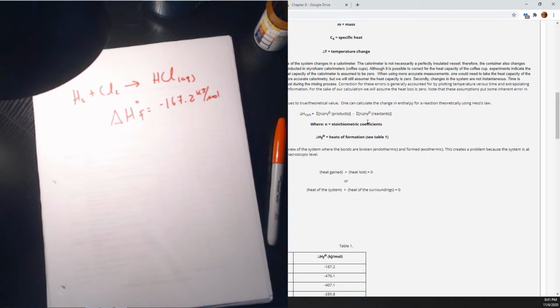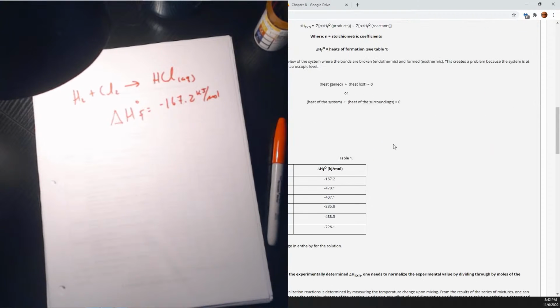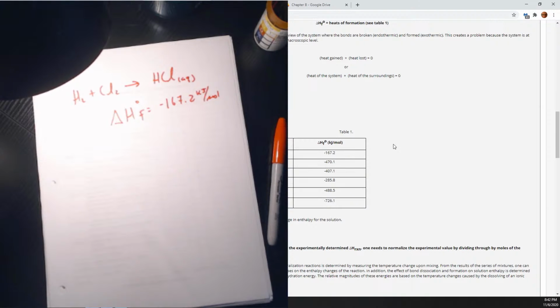Then you do the same thing for all the reactants. Multiply the number of moles in the balanced reaction by the enthalpy of formation for each reactant, then add all of those together for the reactants, and then it's products minus reactants. It's a very, very straightforward sort of thing. And when you do that, that will get you the standard enthalpy for the reaction that you're going to be comparing your experimental values to.